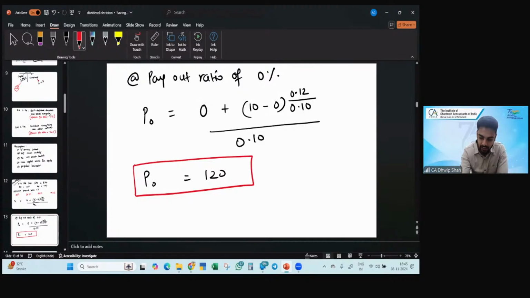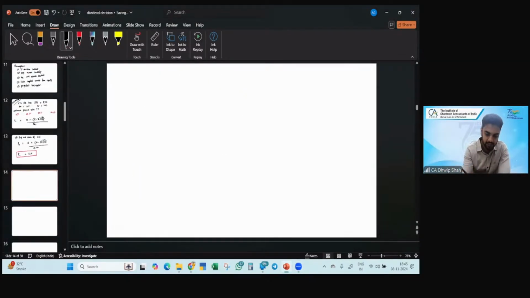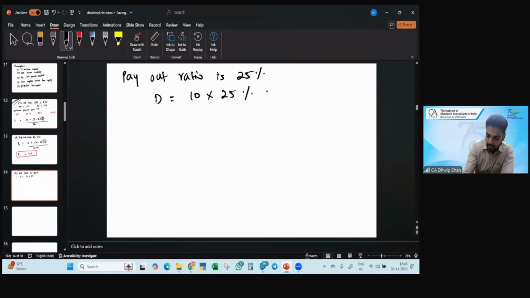Any queries still here? Okay, everyone 120. Likewise, let's solve when the payout ratio is 25%. D in this case would be 10 into 25%, which means 2.5.